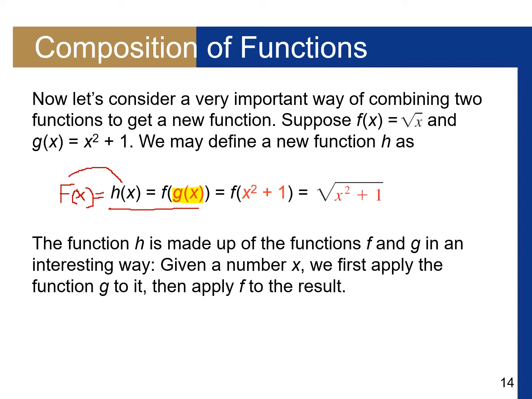So since g of x is equal to x squared plus 1, I'm going to put x squared plus 1 into my value for f, and that means since my f, again, let's remind ourselves, f of x is the square root of x. Now, instead of it being the square root of x, it's the square root of x squared plus 1. Why? Because g of x is x squared plus 1.